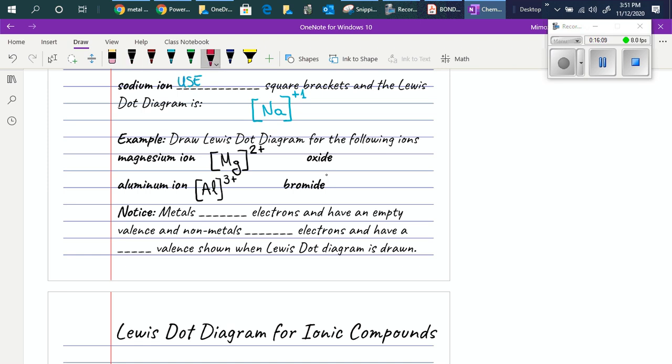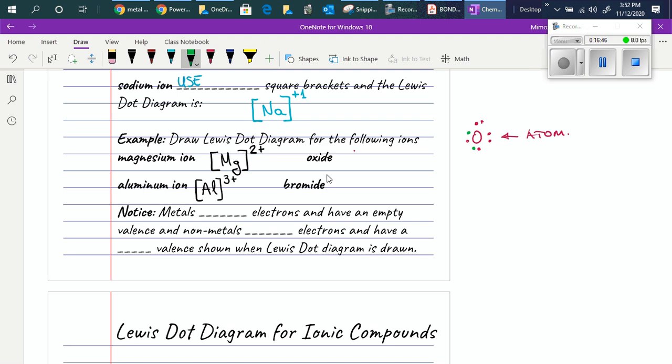For oxide, if we are drawing oxygen as the atom, then it's in the 6th group: 1, 2, 3, 4, 5, 6. This will be the atom, okay? The Lewis dot diagram for the atom. But now what is happening is that 2 more electrons are coming into the outer shell from somewhere else, maybe magnesium, maybe aluminum, who knows, from others.